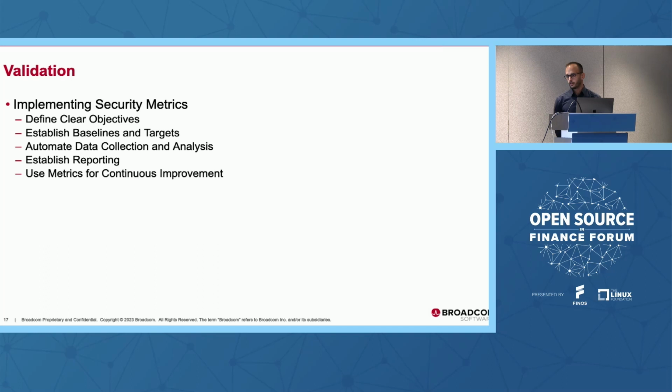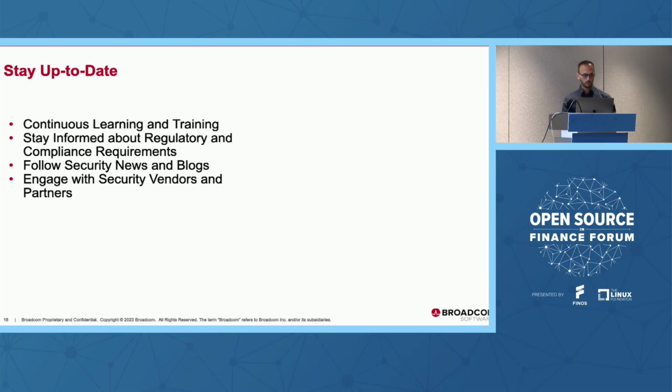You need to know the baselines and where you want to go, so you can compare those two situations. You need to have reporting, because data without analysis and reports is not useful for you. And you need to use these results for continuous improvement in the development.